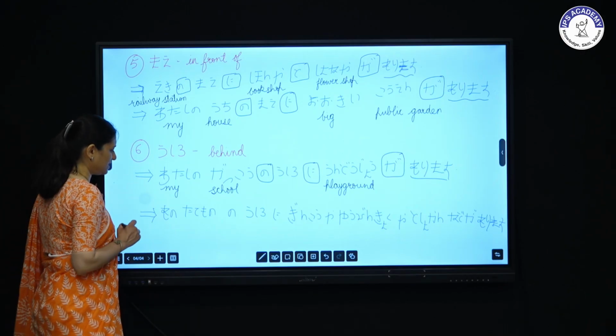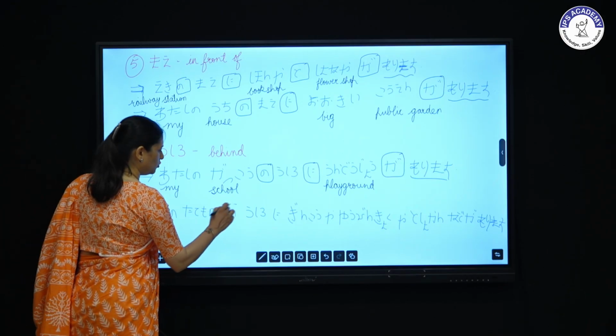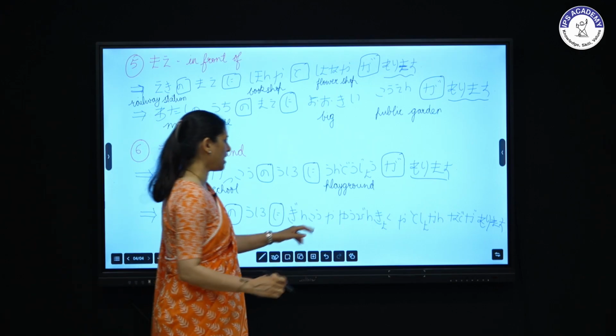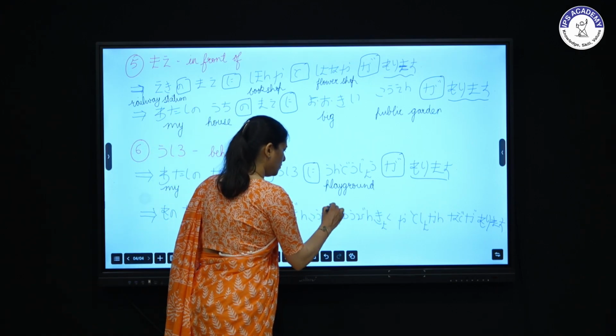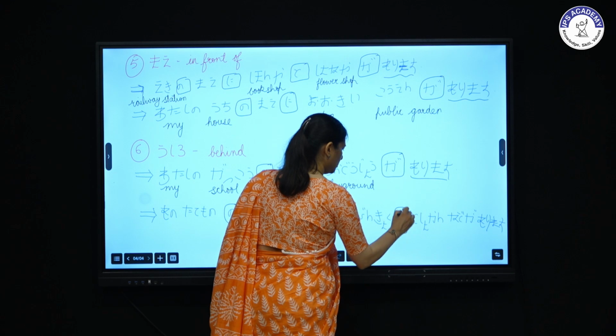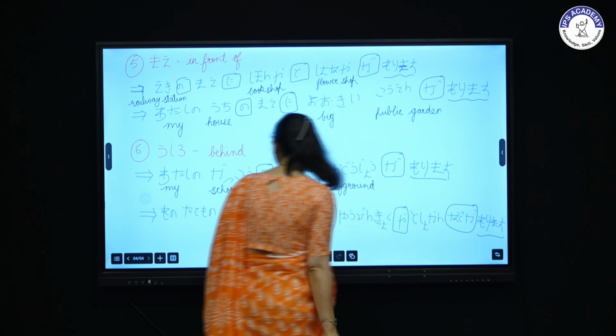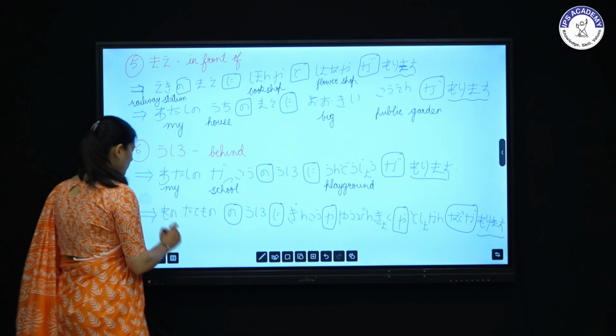Okay. The second sentence is ano tatemono no ushiro ni ginkou ya yuubinkyoku ya toshokan nado ga arimasu. Ano is that.